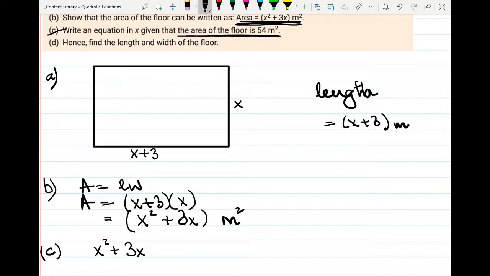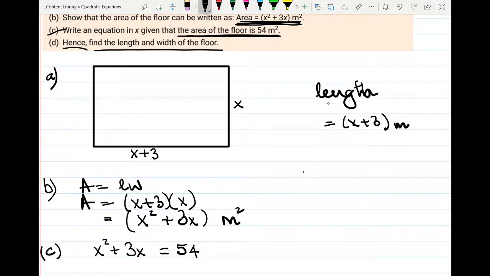So x squared plus 3x must be equal to 54. And that's an equation, okay, because we have unknown quantities equal to something. So there's our equation. And D, hence, find the length and width of the floor.